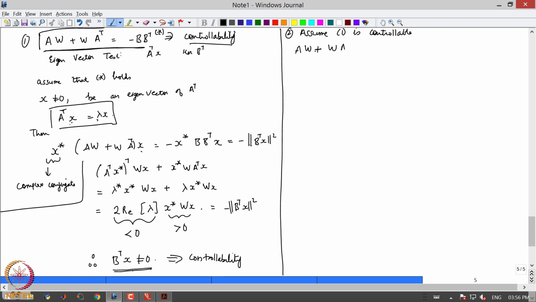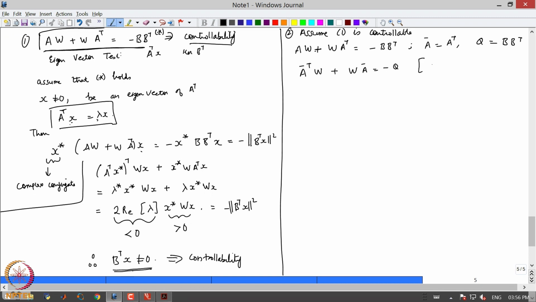W A is minus B transpose, and by letting A bar equal to A transpose, Q equal to B transpose, I can rewrite this equation in the following way. Now, this is A bar transpose W plus W A bar is minus Q.